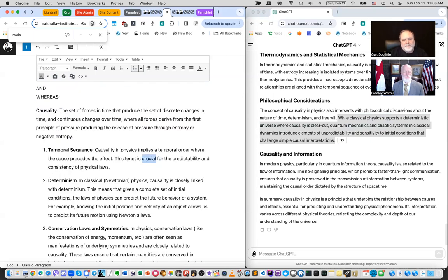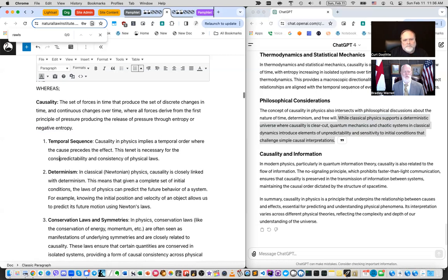Hate these fuzzy words. I would say is necessary should be substituted for produces. I'll give you that. This tenet is necessary should be this tenet produces.